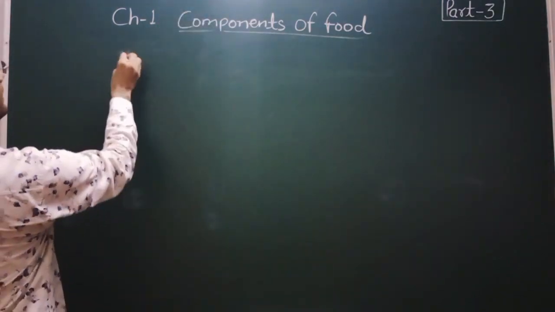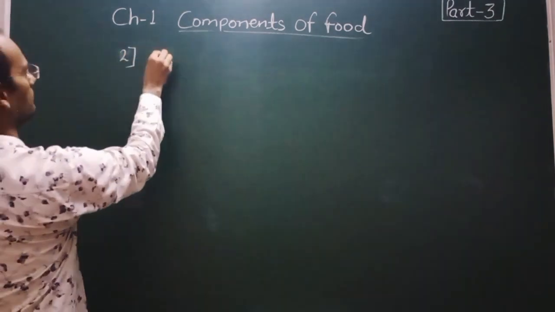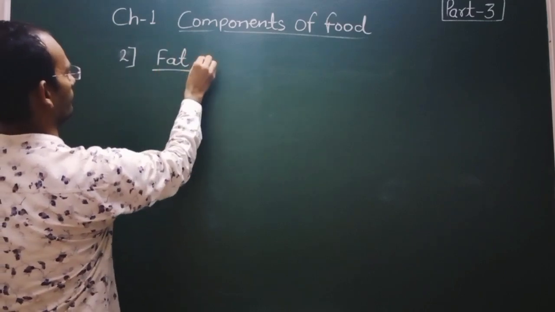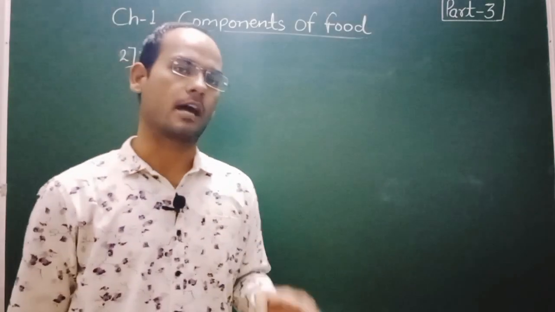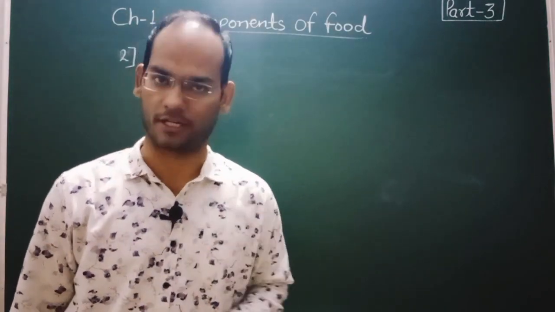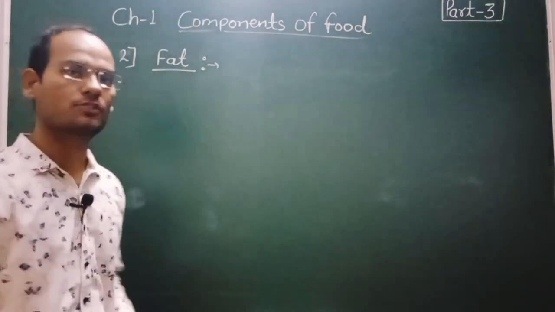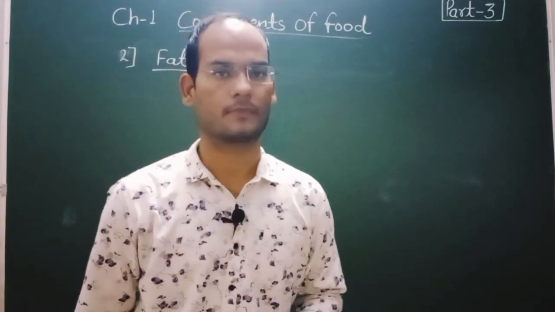This is the second nutrient we are talking about, and it is fat. Carbohydrate is an energy providing nutrient, so we can also say that fat also provides energy to our body.